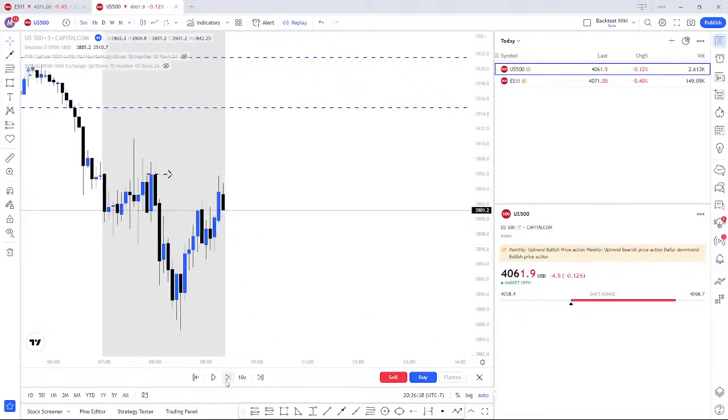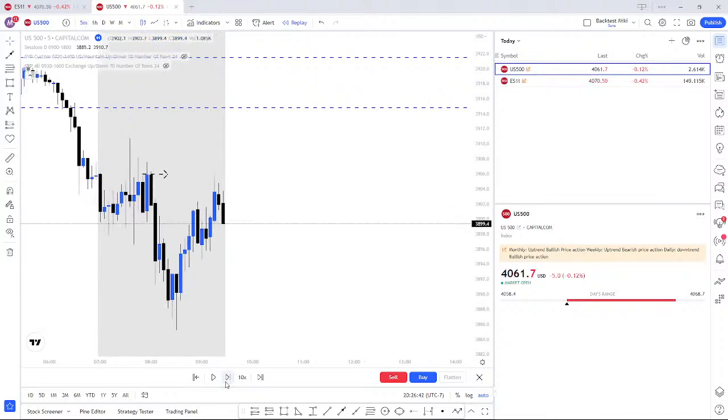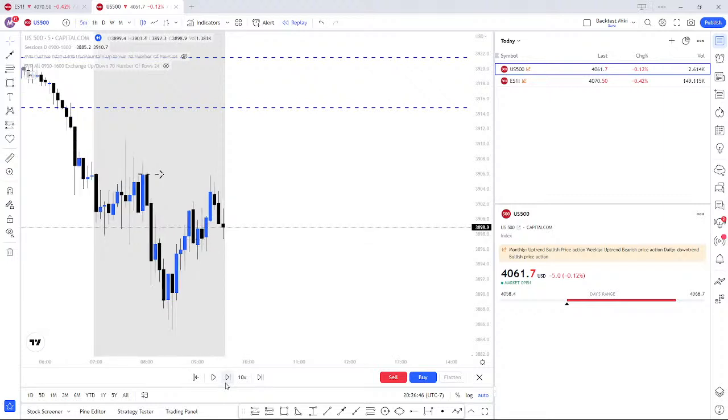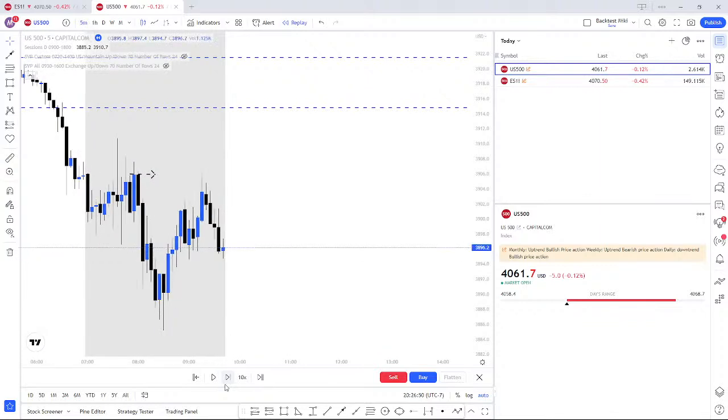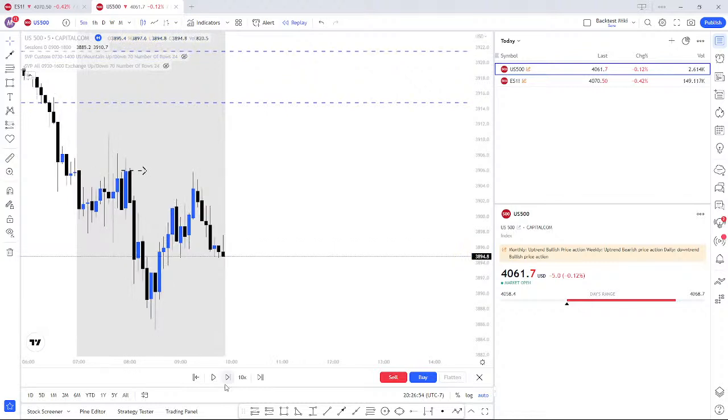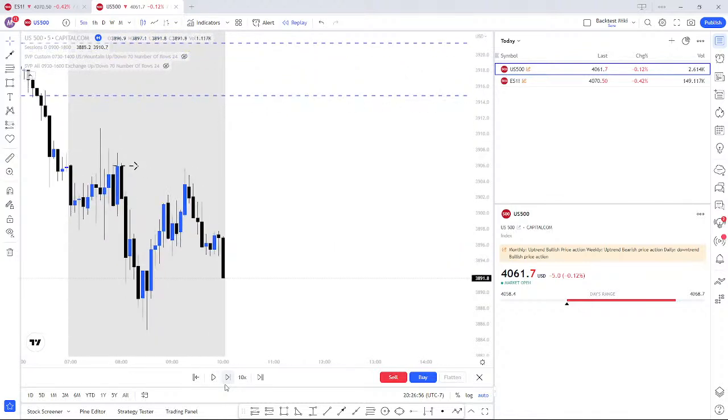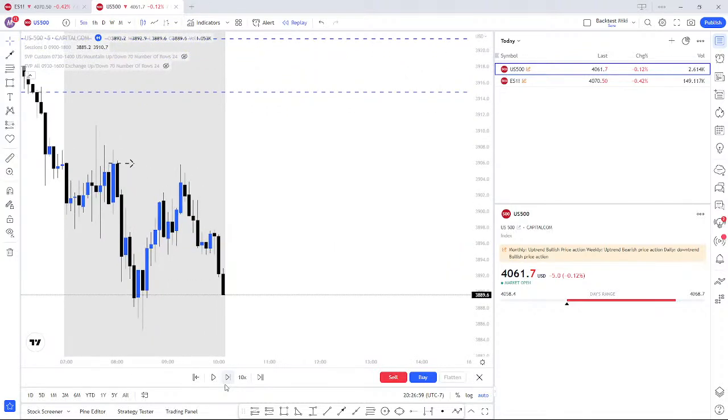Nice rejection, but the prior candle is fine. Alright, so we'll take that long there.